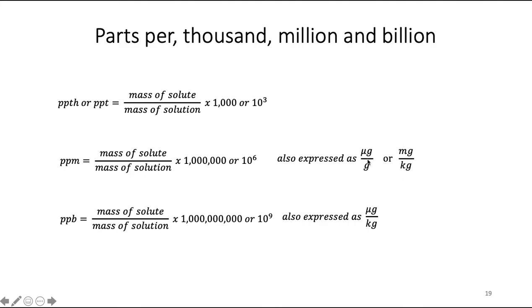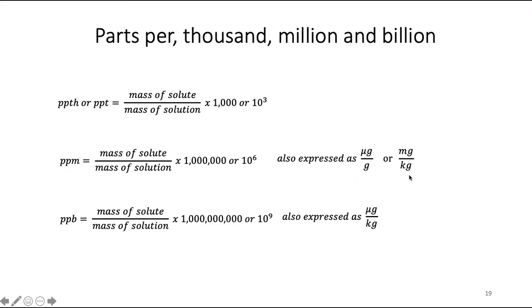And if you see the way they're expressed for parts per million, if you remember that parts per million, you have a million, you're multiplying by 1,000,000. The difference between the top and the bottom is 1,000,000. So 1 gram has 1,000,000 micrograms. So if you remember that, microgram per gram, the difference is 1,000,000. That will be the same as parts per million.